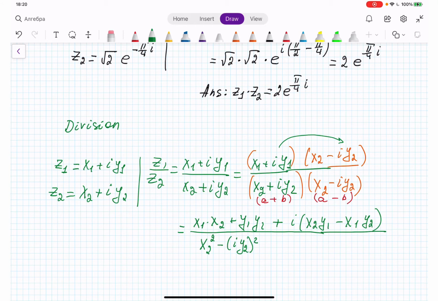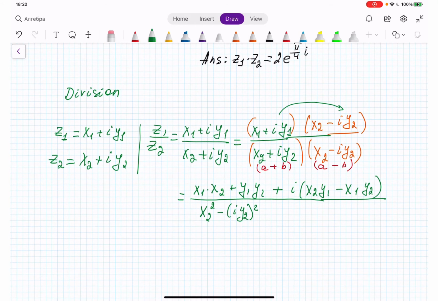From here, I'm going to separate the real portion from the imaginary portion, and write it in the format of a complex number in algebraic form.